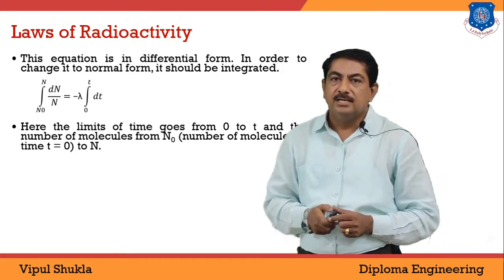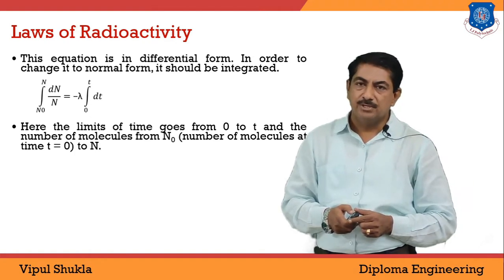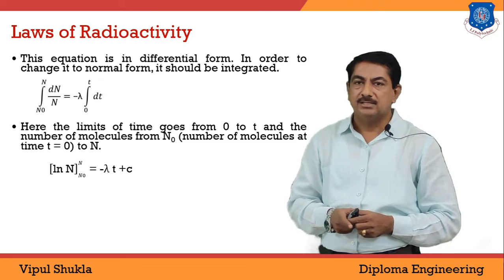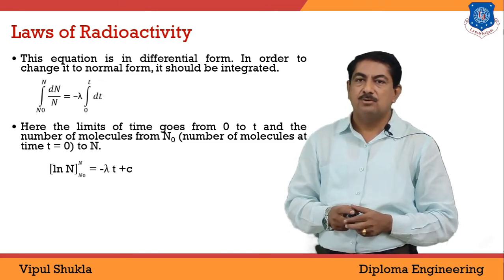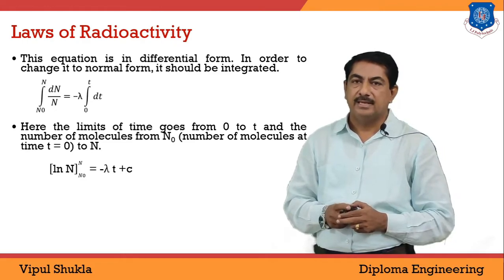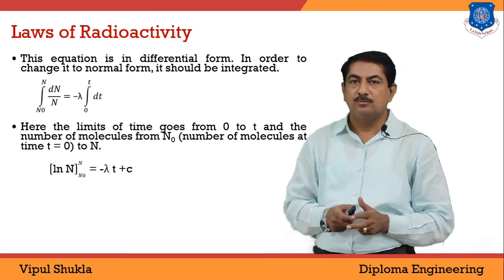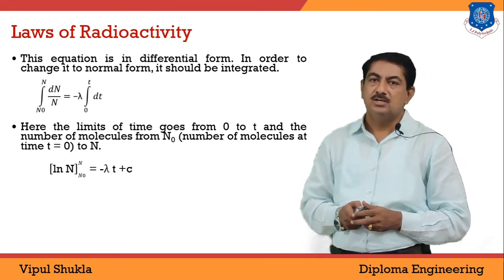Here the limits are from 0 to t. By substituting all the values in the given equation, we get ln N, the integration of 1 upon N from N0 to N, equal to minus lambda, integration of 1 is t, plus c, where c is a constant.